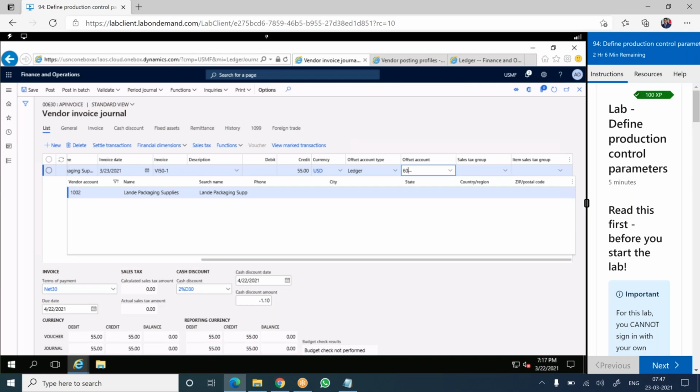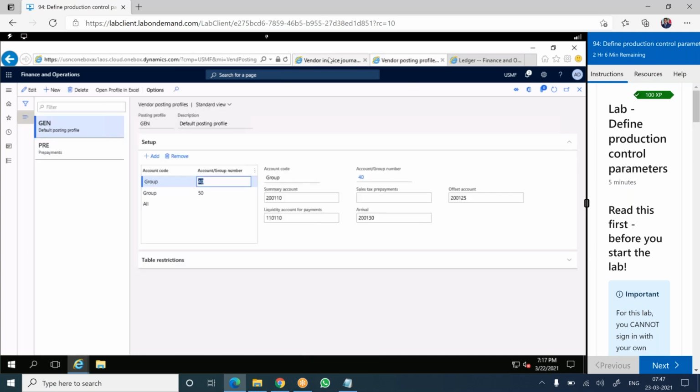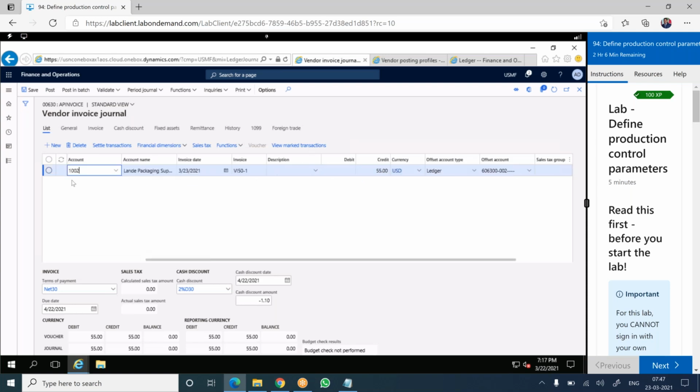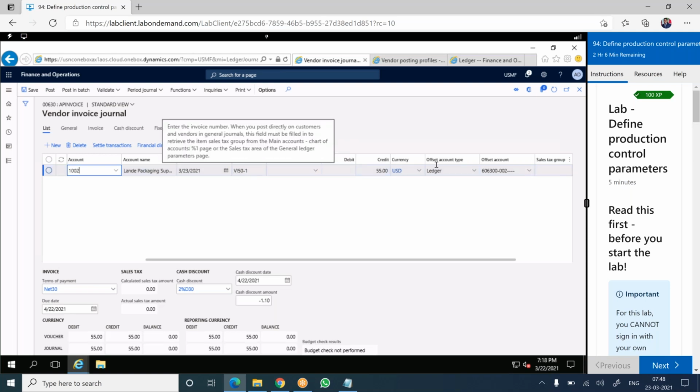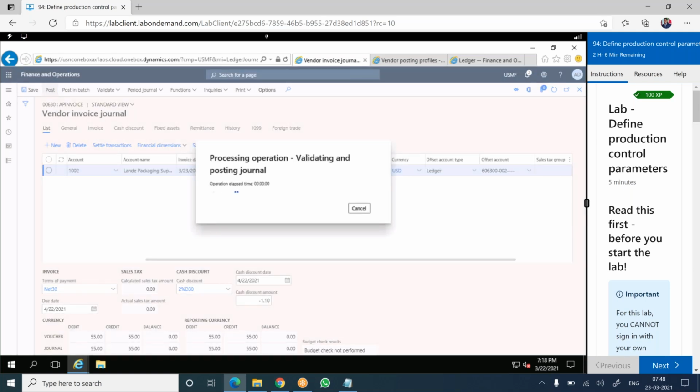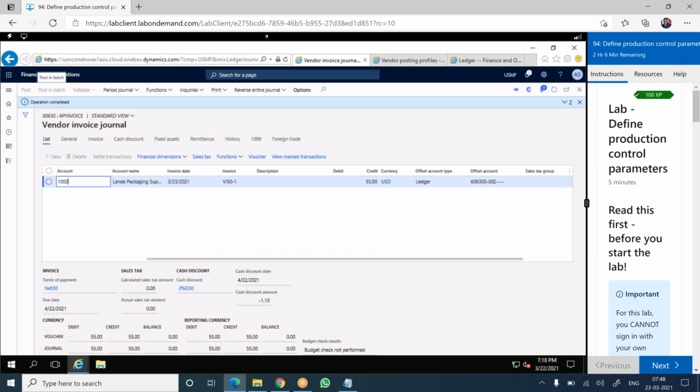Suppose I am entering 606300. So now for 1002, I am using the same invoice number and a different amount. Now I am posting, it will allow me without any error.